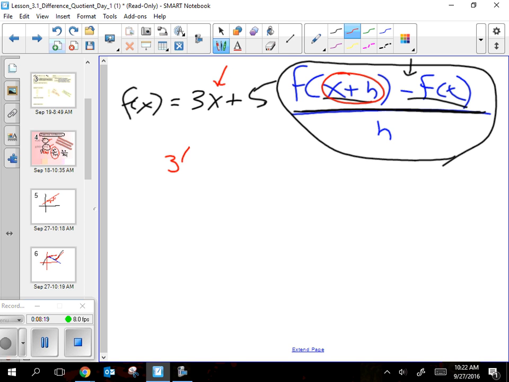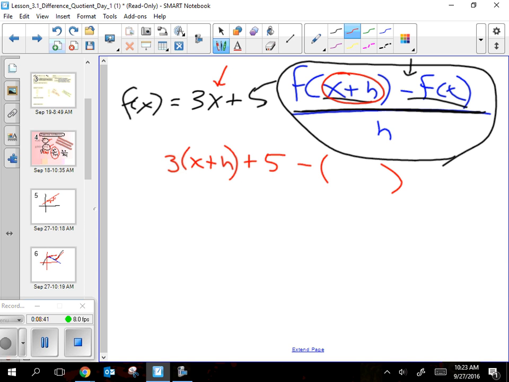So 3 parentheses plus 5. Notice those parentheses. Izzy, what am I dropping in the parentheses? Yep. And then I'm supposed to subtract f of x. What do I need right now before I forget? Parentheses.